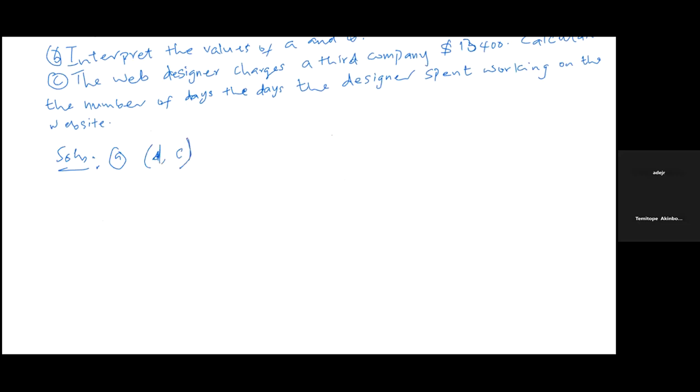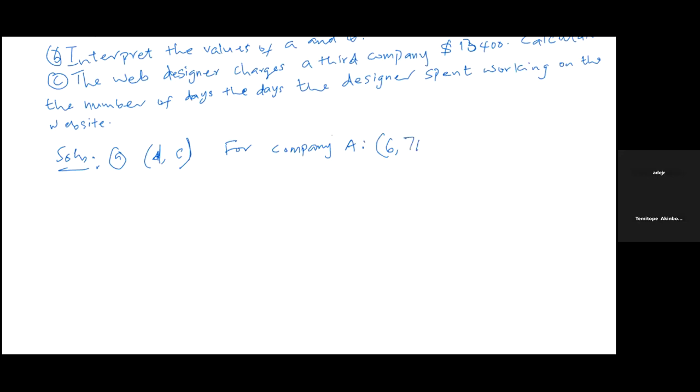So the coordinates we are going to have for company A: according to the question, it will take 6 days to do company A's job, and that will cost $7,100. So the coordinate is 6, 7100.